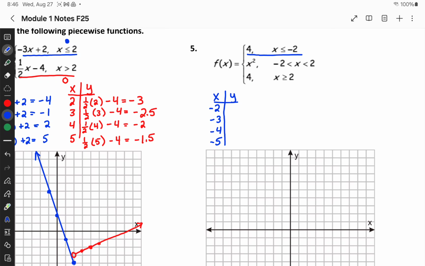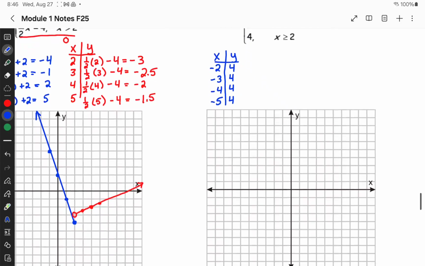Now, for this one, notice there's not anywhere to plug x in. All I'm going to get is the number 4. In fact, for every single one of these x values, all I'm going to get is that same y value, which means that the table goes pretty quick and it shouldn't be too hard to graph. So I'm going to start with my first point being a closed point because once again, it is a less than or equal to sign.